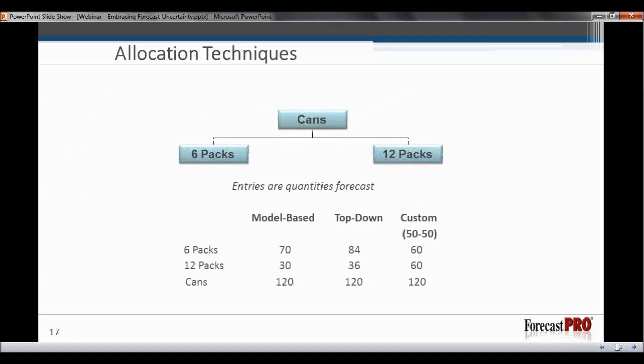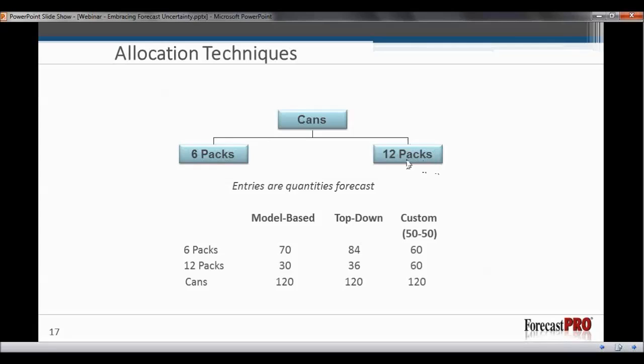So let's look at a very simple explanation for how this would work. We've talked about this before in previous webinars, but it's important to highlight. Let's say I have a very simple group, which we would call cans. Within it, it has two SKUs, 6-packs and 12-packs. And I say forecast next month.